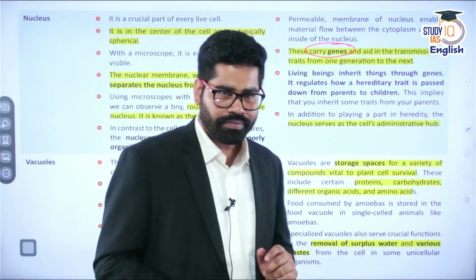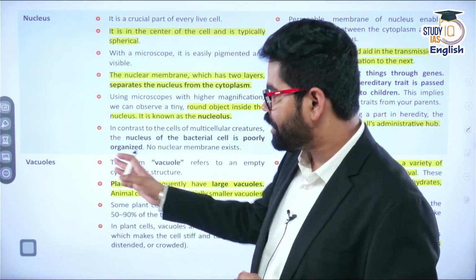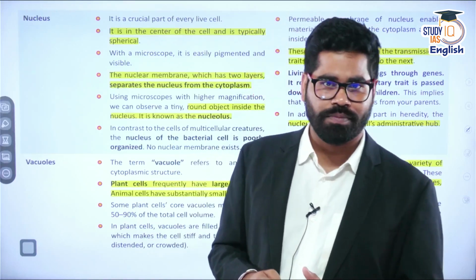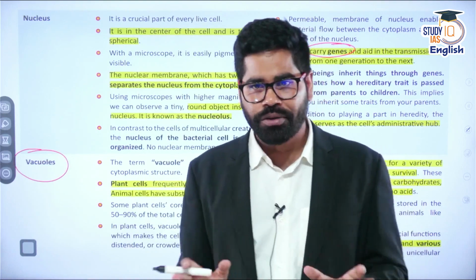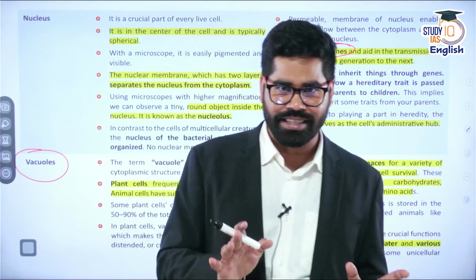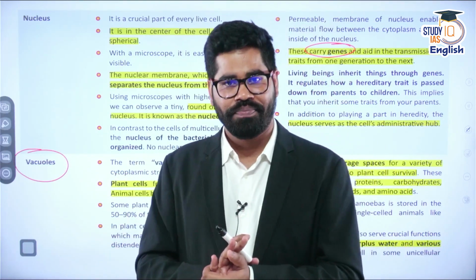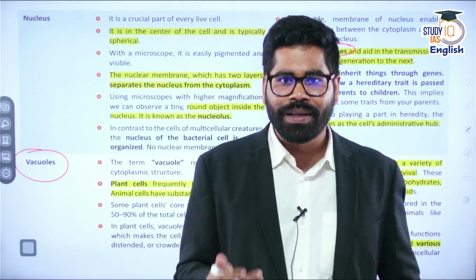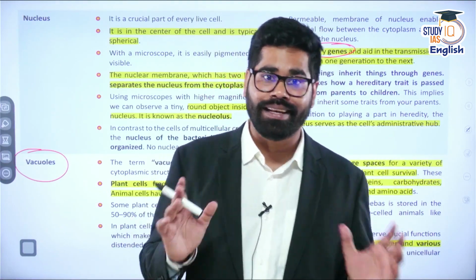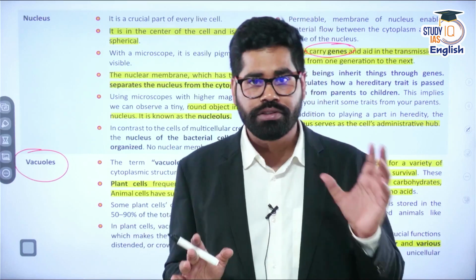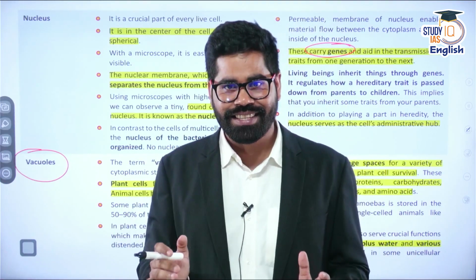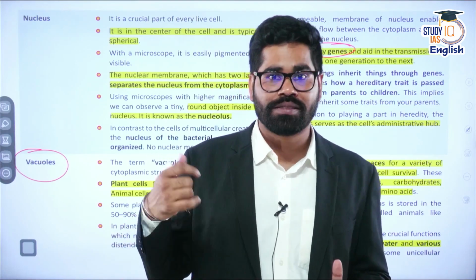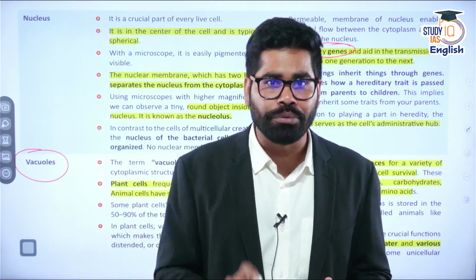Now we are coming to the different organelles of the cytoplasm. One of the first organelles is vacuoles. Vacuoles are empty storage structures present inside any cell. In plants, the vacuoles are quite large. On the other hand, in animal cells, the vacuoles are smaller in size, but they can be numerous.